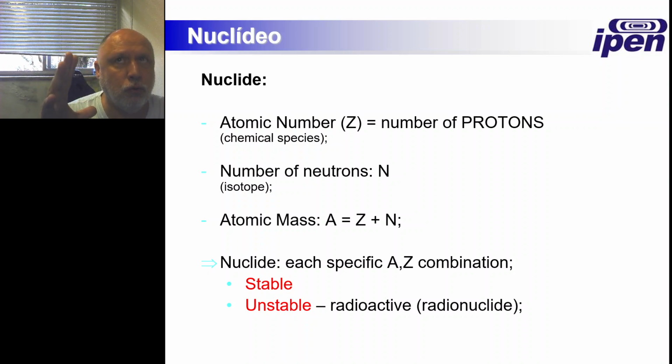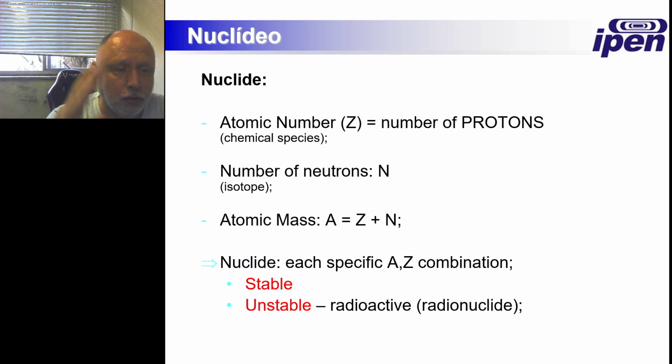let's remember that what really gives the chemical characteristics of an atom are the electrons, right? In chemical interactions, it's only the electrons that play a role. And the electrons don't see the neutrons because the neutrons have no charge. They only sense charge.